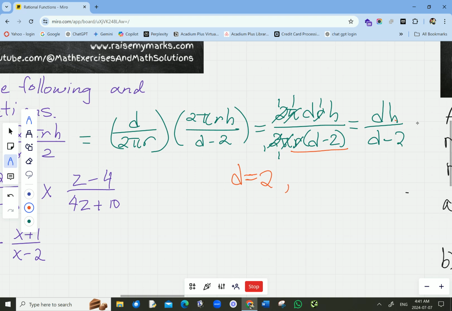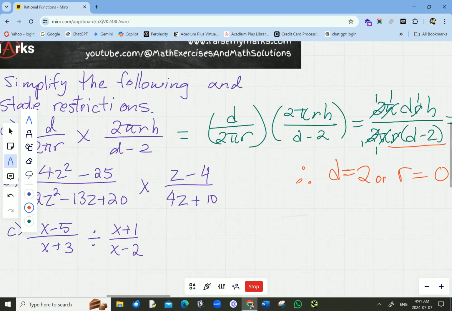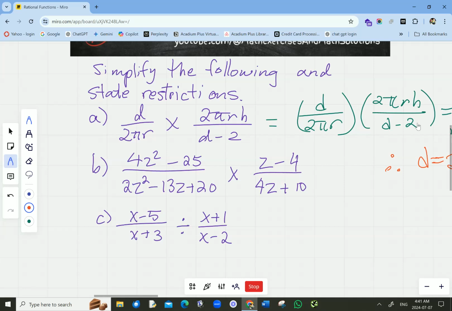So the other time the denominator might equal 0 is when r equals 0. So these are our restrictions. Therefore, the restrictions are when d equals 2 or, let's be very explicit, or when r equals 0.